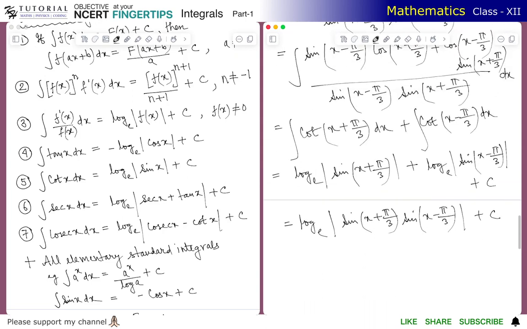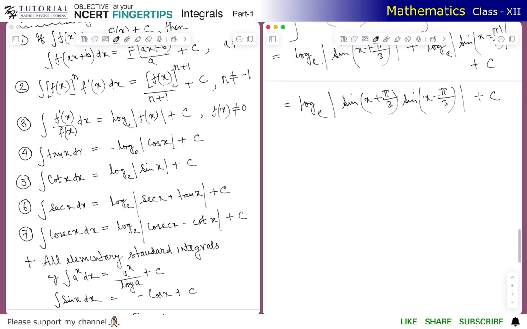Okay, let's do a final problem. We have cot x divided by cube root of sin x dx.